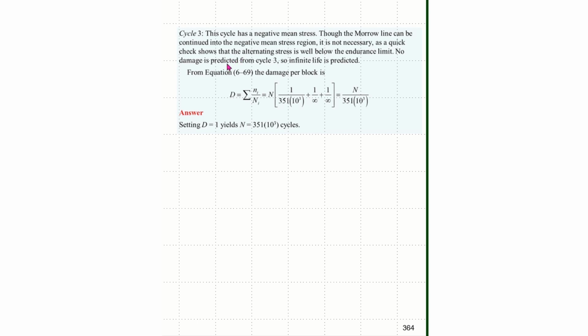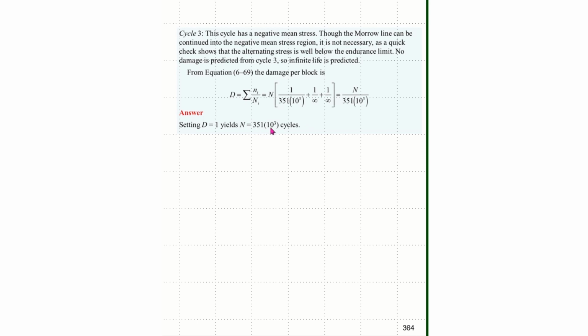So I now come down to compute big D, and big D would be the sum of ni over Ni, equals, pulling out the N from this expression, 1 over 351 plus 1 over infinity plus 1 over infinity for the second and third load cycles. And so I have this expression here. Now I set big D equal to 1, and I solve for N, which yields 351 times 10 to the third cycles.